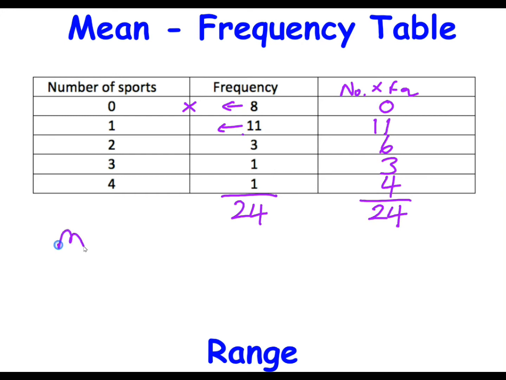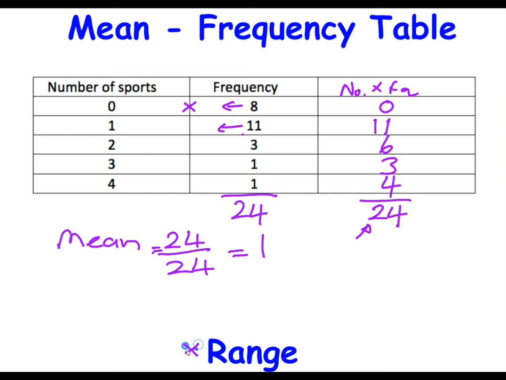So now to calculate our mean, we do our total number of sports, which is 24, divided by the number of people we asked, by the frequency. So 24 divided by 24 is 1. So the mean number of sports that people play is 1.